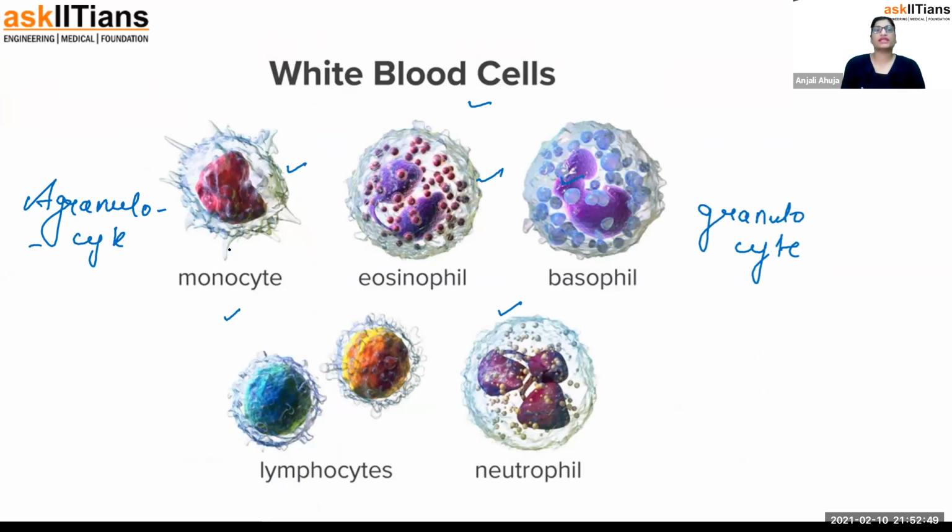Agranulocyte is further of 2 types, monocyte and lymphocyte, and granulocyte is further of 3 types: eosinophil, basophil, and neutrophil. If you see this beautiful diagram, guys, the nucleus is the one that is different in all of the cells, and that is how we describe and differentiate all of them.